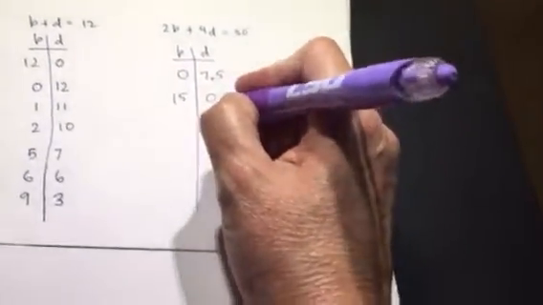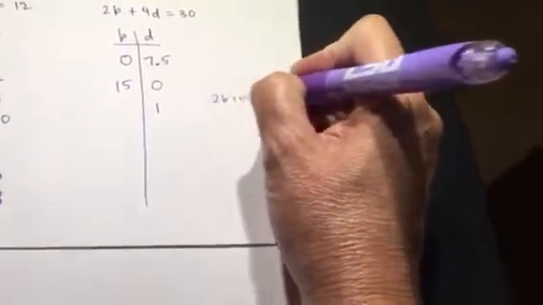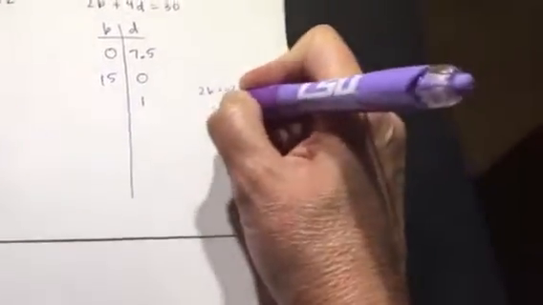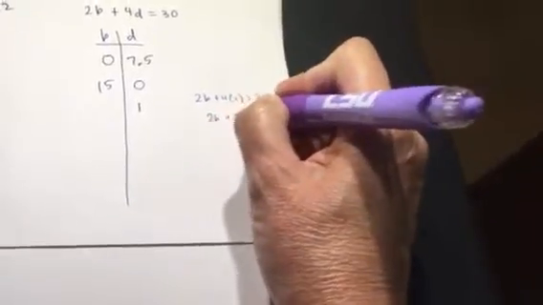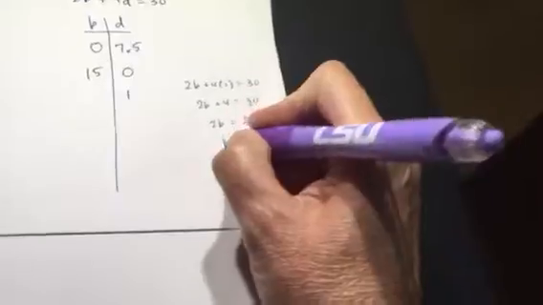If there is 1 dog, I'm thinking in my head, 2B plus 4 times 1 is 30. 2B plus 4 is 30. 2B equals 26, so B is 13. So there'd be 13 boys.